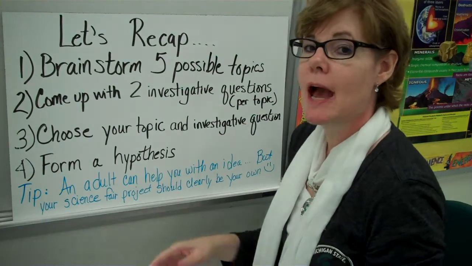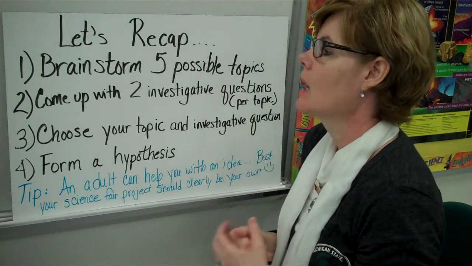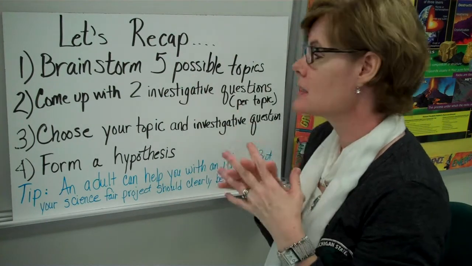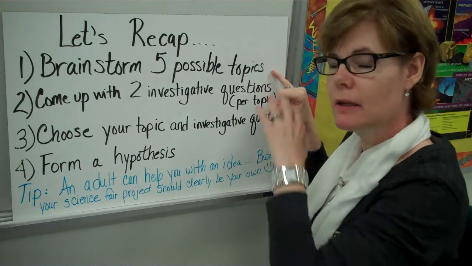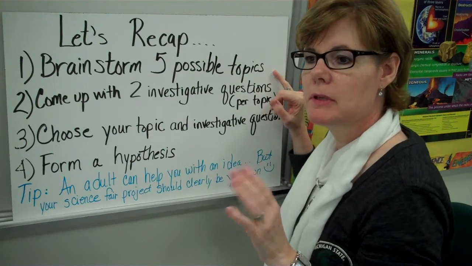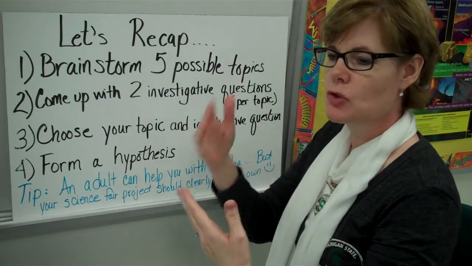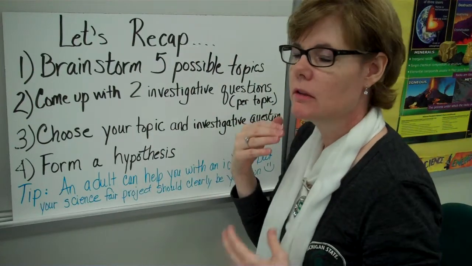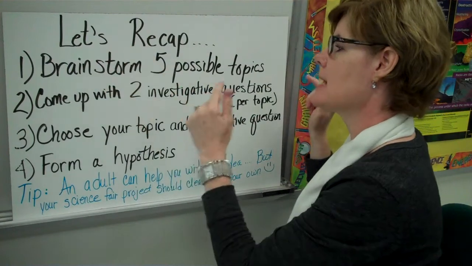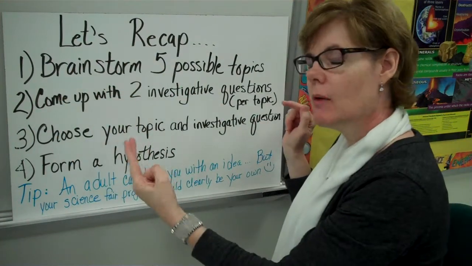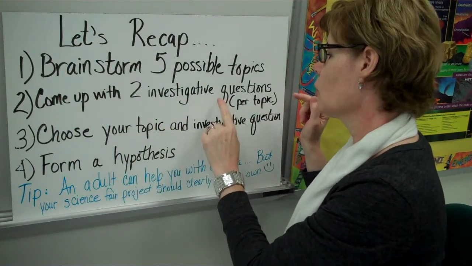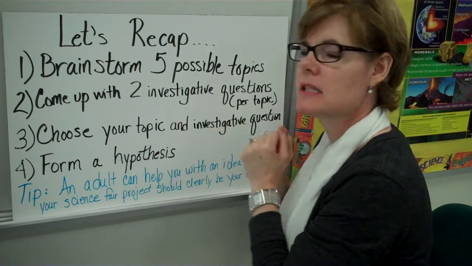All right, so just recapping what we're talking about today. Brainstorm 5 possible topics. They can be general, but I want them to be something that interests you, whatever it is, a story, a mystery. Find 5 topics that interest you. Then come up with 2 investigative questions.